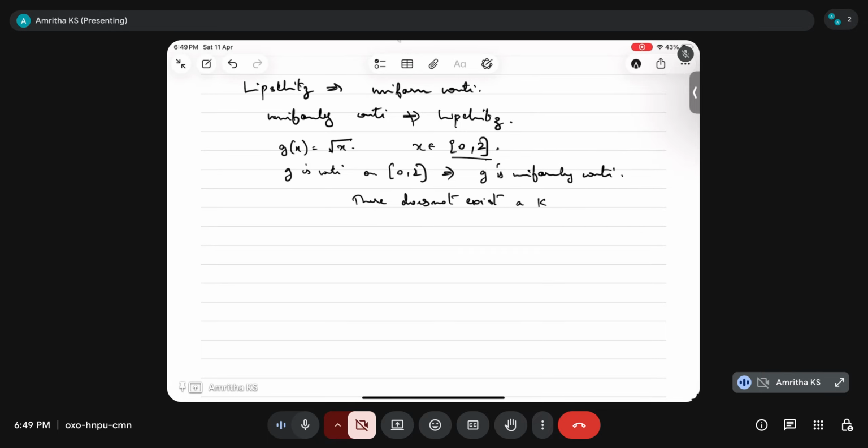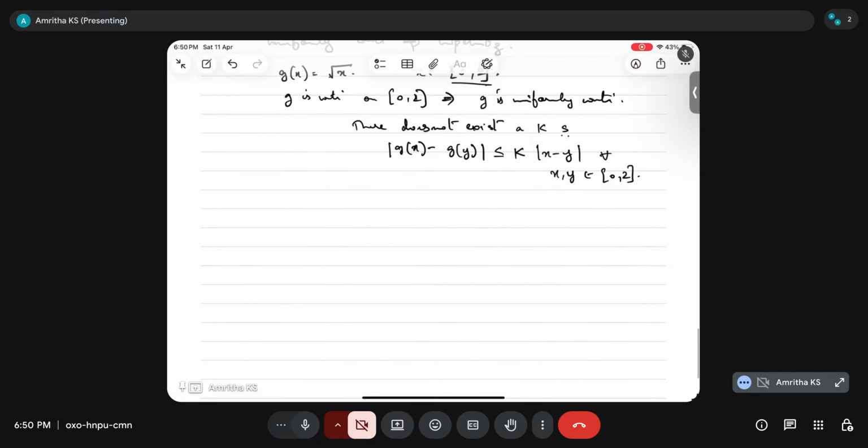That is, there does not exist a k such that |g of x minus g of y| is less than or equal to k times |x minus y| for all x, y in this interval. For example, let's take y equal to 0.